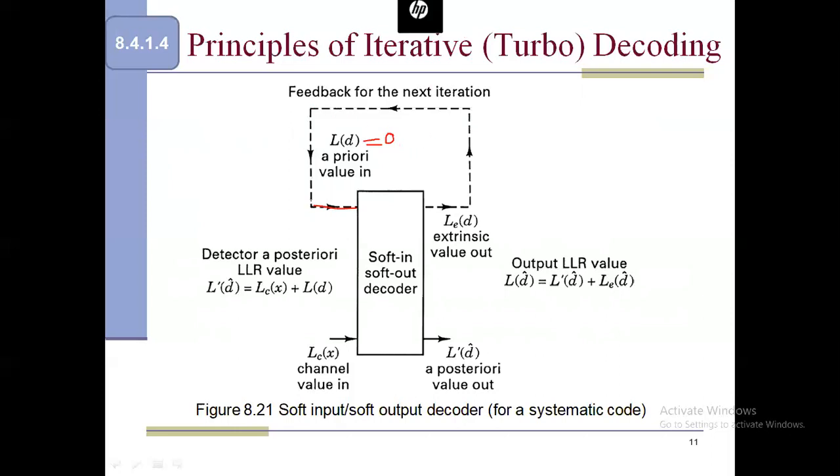Initially, we gave the value 0 to the encoder.